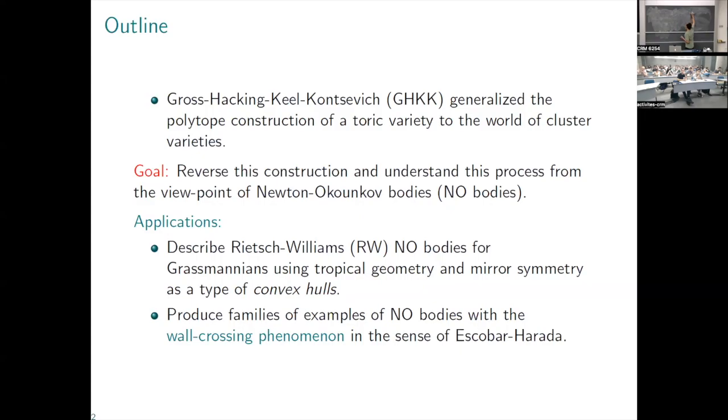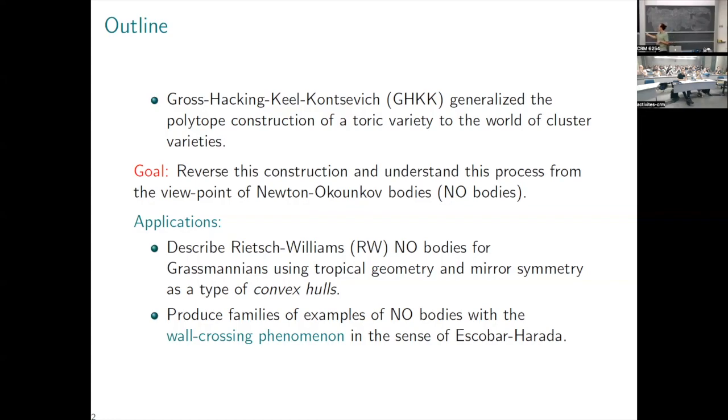So you build a projective compactification of your torus. What they did is replace this torus by some cluster variety, replace this polytope by a generalized notion of polytope that lives in some sort of tropical space that I will discuss, and produce a minimal model of a cluster variety.